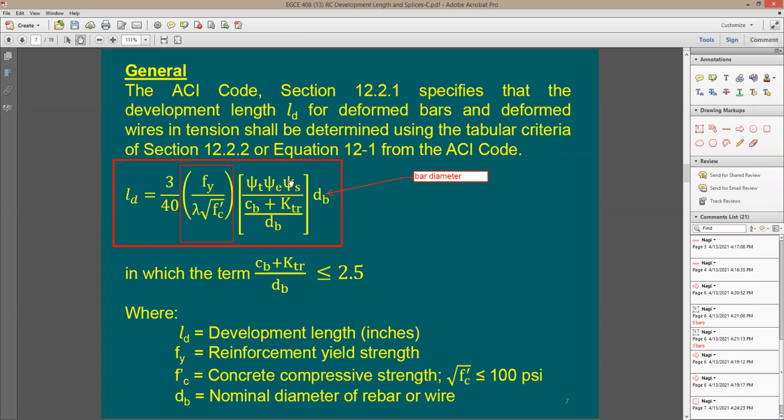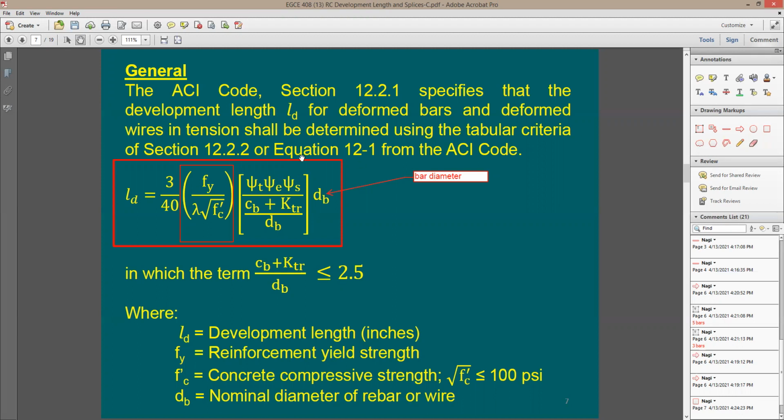Which one do you think is larger? 2 number 5 would get you larger surface area, or 1 number 7? Two bars. This makes sense now: the bond between the number 5 and the concrete is going to be larger than that for the number 7 if you have the same cross-sectional area.